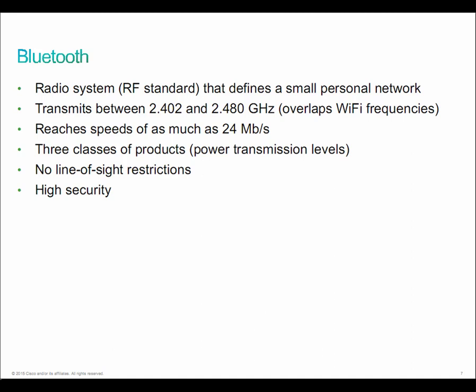Bluetooth, like I said, operates in a frequency range between 2402 and 2480 megahertz. And there are some guard bands as well: a 2 megahertz wide guard band at the bottom of Bluetooth and a 3.5 megahertz wide band at the top.